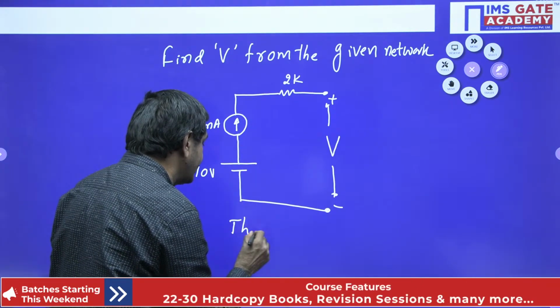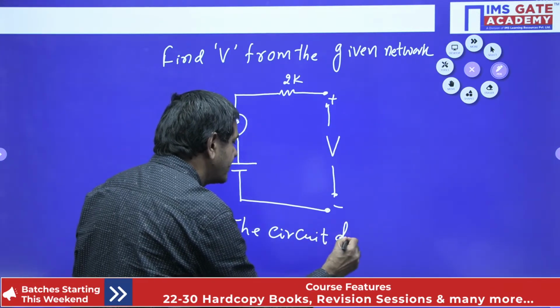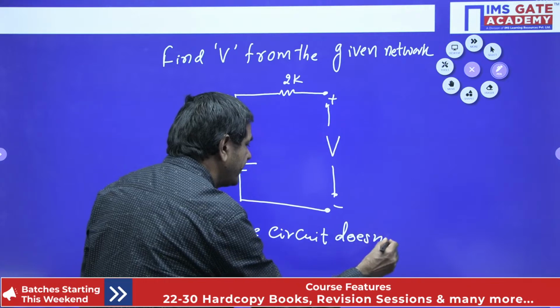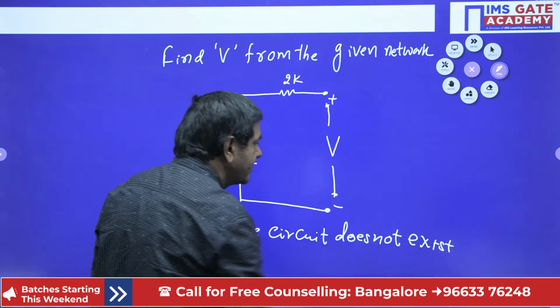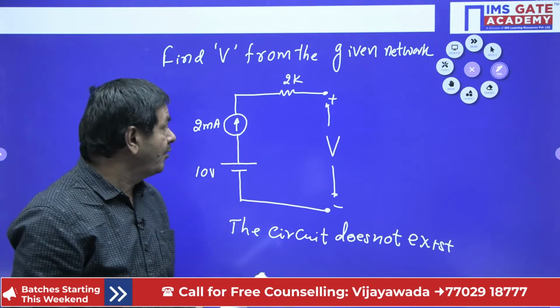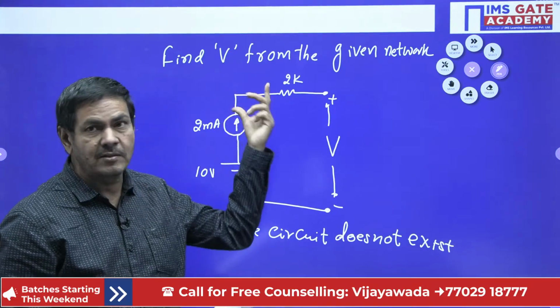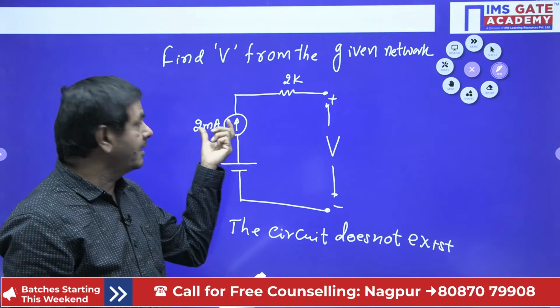The direct answer is that the circuit does not exist. We can write that directly. But you should not say, sir, it is an open circuit, so the current source also I will open. No, that is not allowed. He gave it in the problem: the network is connected with a current source.